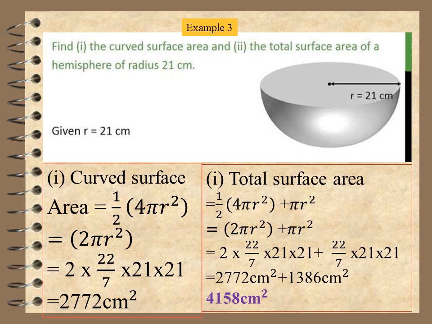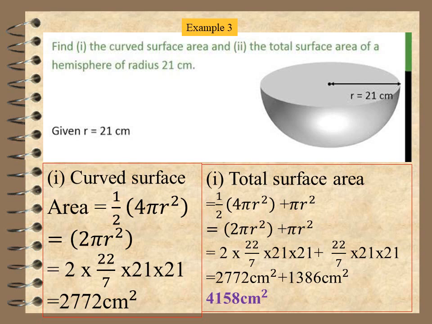For Roman 2, where we have the total surface area, it is the curved surface area, which is half times 4 pi r squared, plus the area of the top, which is circular, and the area of a circle is pi r squared. When you simplify, a half of 4 pi r squared is 2 pi r squared, and then we have the area of the top as pi r squared.